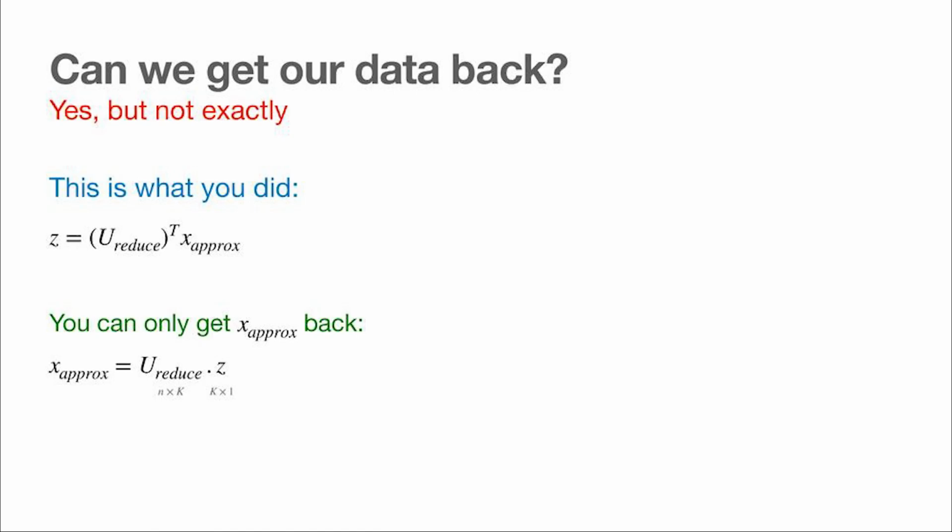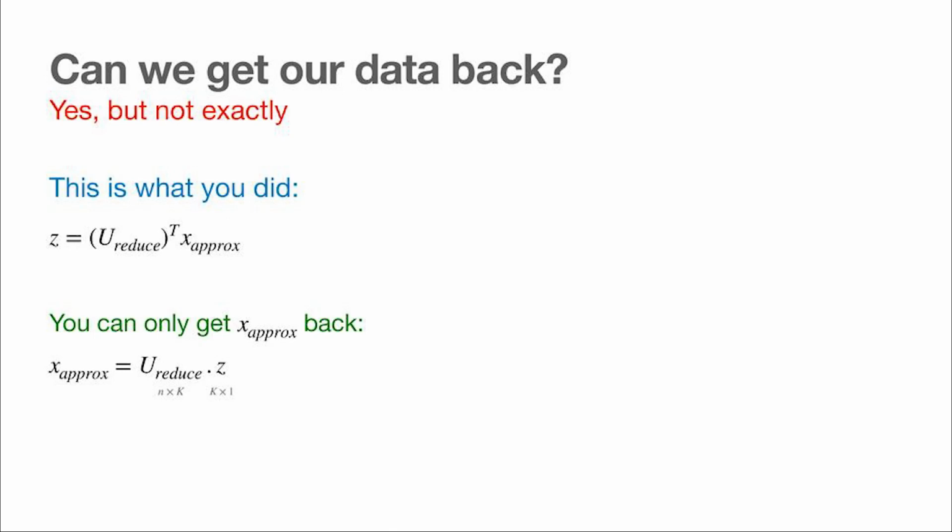You can just use the transpose of the U matrix and you can get the approximated value back. But there is no way that you can go from the approximated value to the real value because you lost that information. The difference between the approximated value and the real value is what we use to compute our variance. So let's say that you retain 90% of the variance.